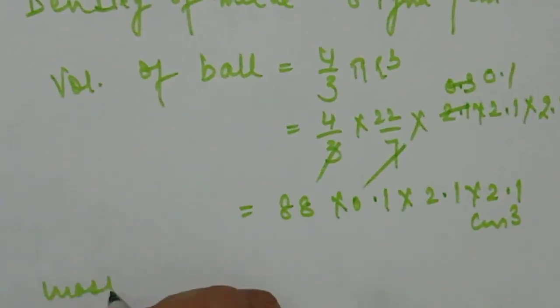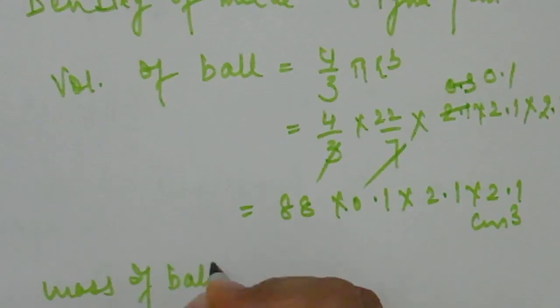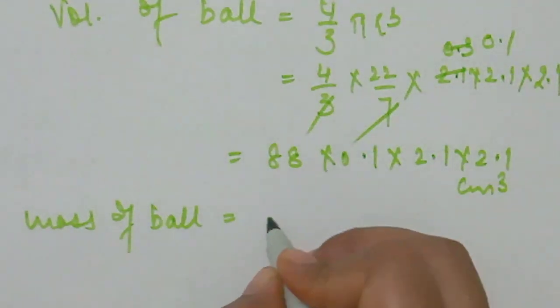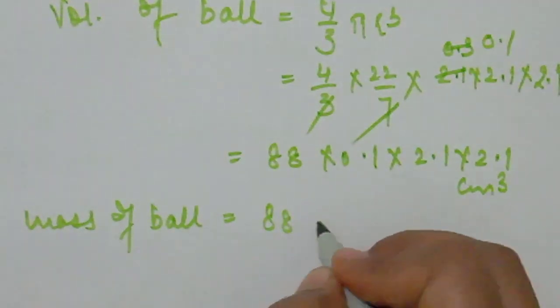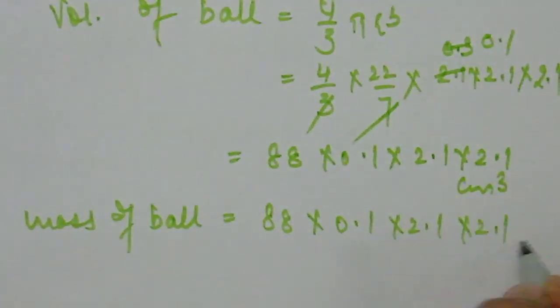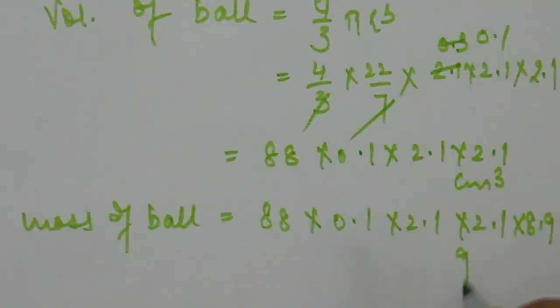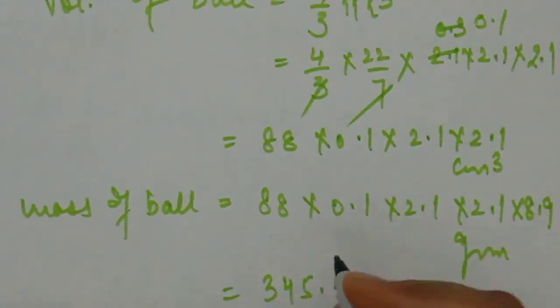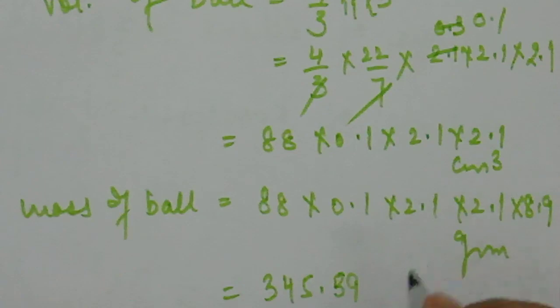So the mass of the ball, we will do the calculation after putting the next value, because we know very well that we have to find the answer in grams. Then it is into 8.9 gram. Now the unit changes into grams. When you solve it, it is 345.39.